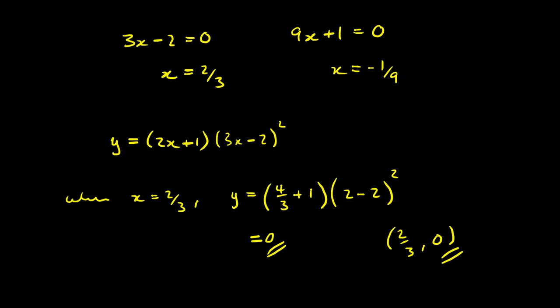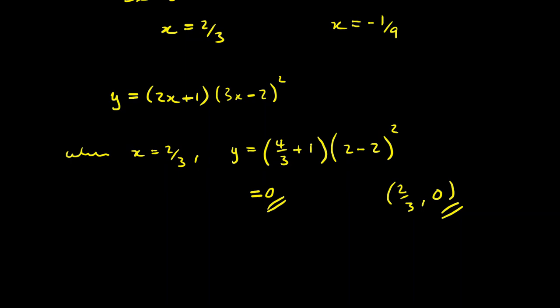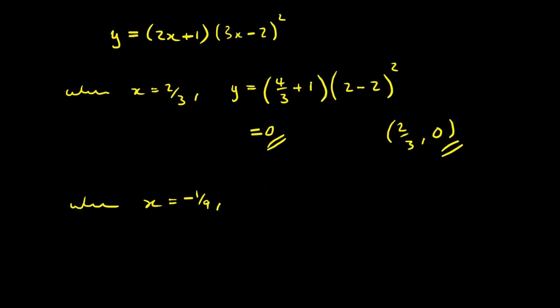Then the next one we've got to do is substitute in negative a ninth. So when x is equal to negative 1/9, then y is going to be equal to 2 times that, so it's minus 2/9, plus 1, times 3 times negative a ninth, which is minus 1/3, minus 2, all squared.